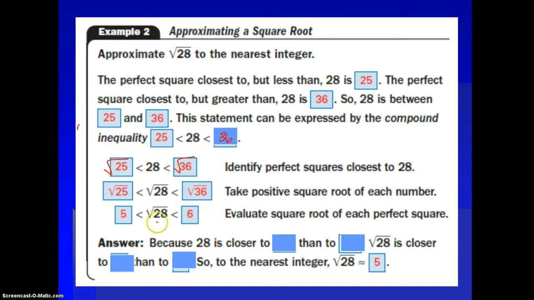So the square root of 28 falls between 5 and 6. Now, I would say that 28 is closer to 25 than it is to 36. So I would approximate to the 5. That's what they're saying down here. So I would say that the square root of 28 is approximately 5.